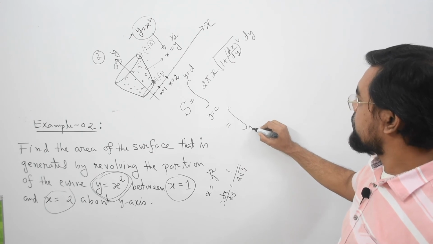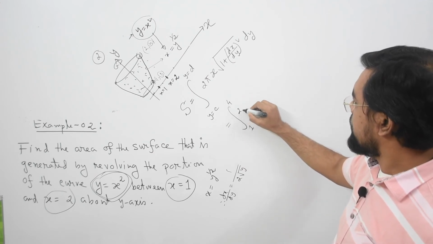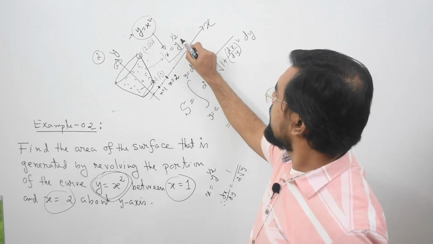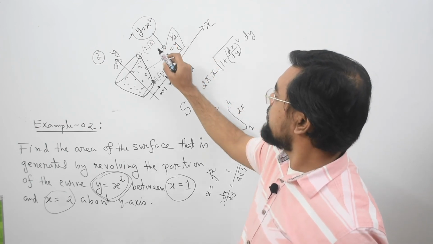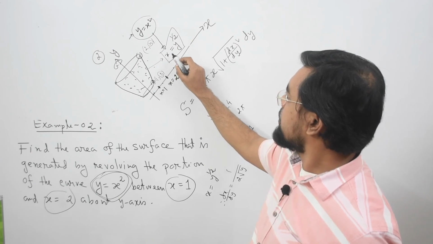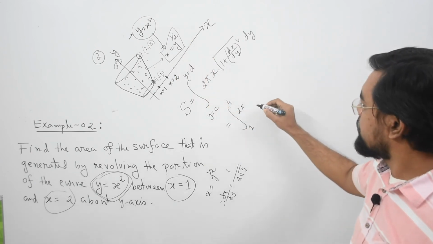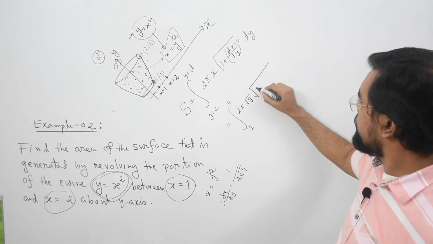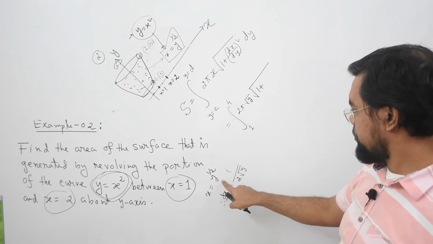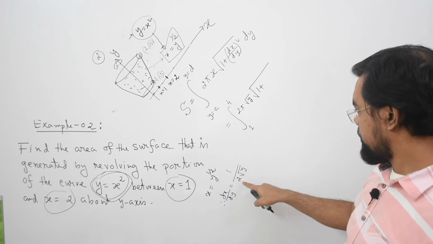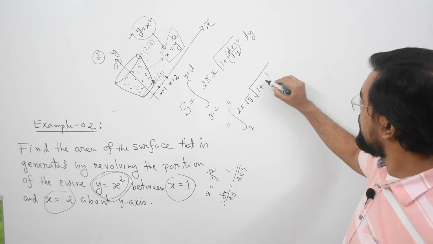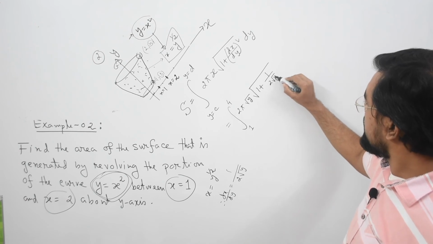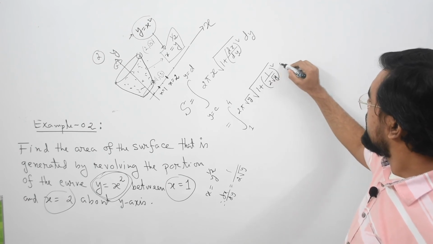So 1 to 4, 2 pi x, and from here we can convert this curve, or write x in terms of y. So x will be root y, and the square root of 1 plus, if x equals root y, dx by dy equals 1 by 2 root y, so 1 by 2 root y whole squared, dy.